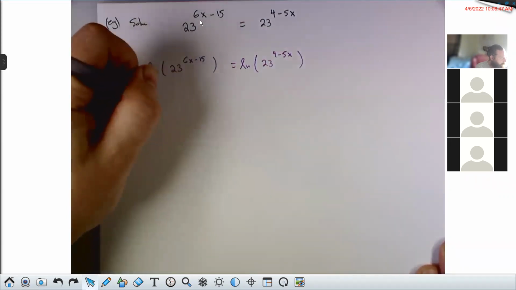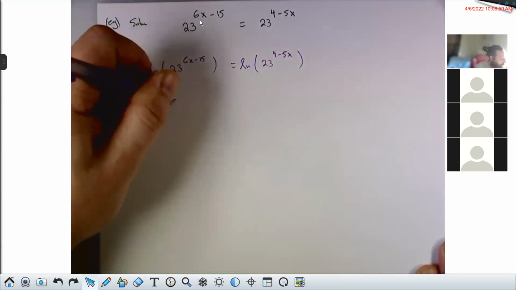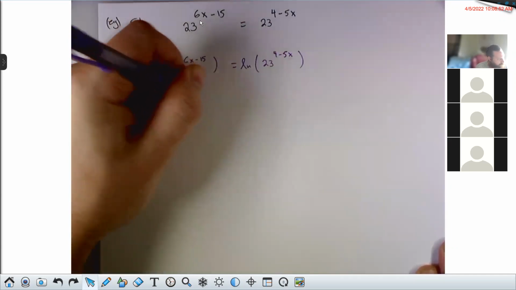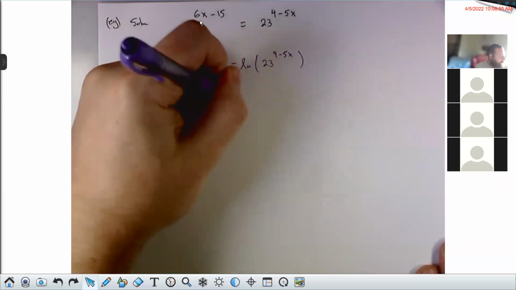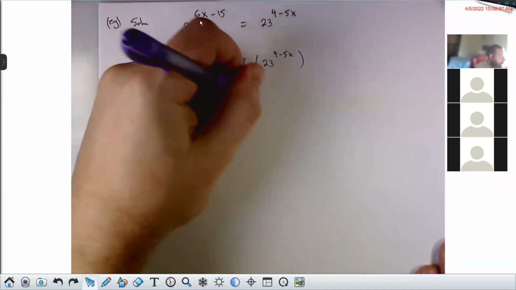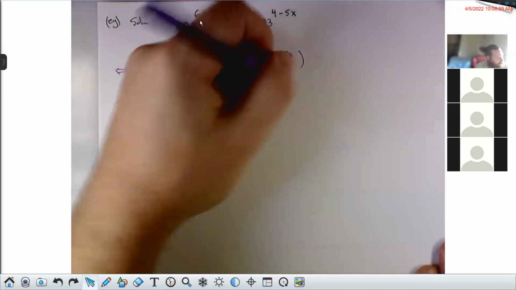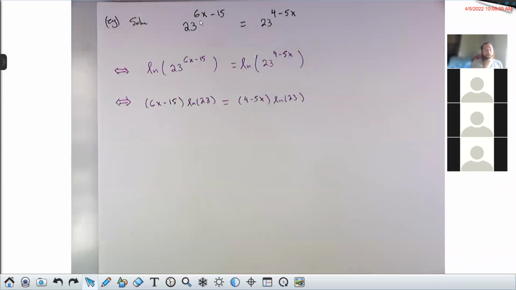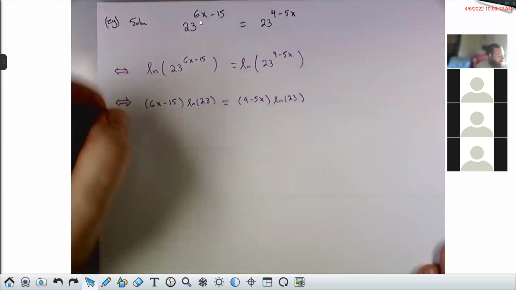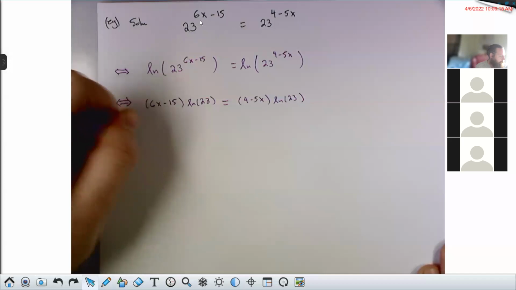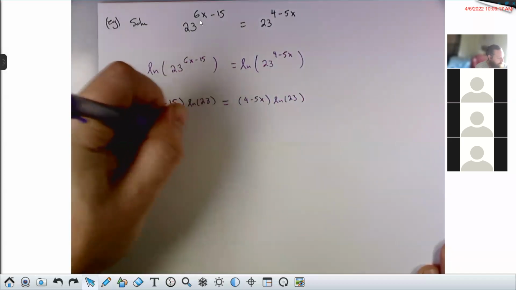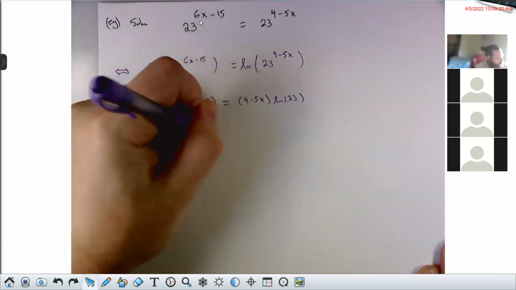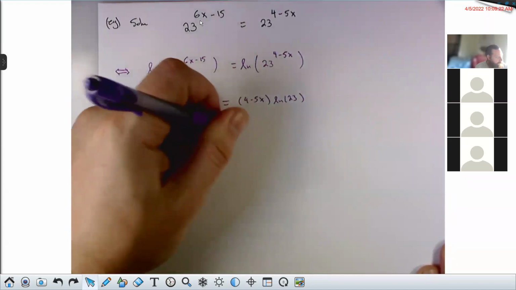On the left-hand side, I'll get parentheses, 6x minus 15 times the natural log of 23. And on the right-hand side, I'll get parentheses, 4 minus 5x times the natural log of 23. And then if I divide both sides by the natural log of 23, 6x minus 15 equals 4 minus 5x.